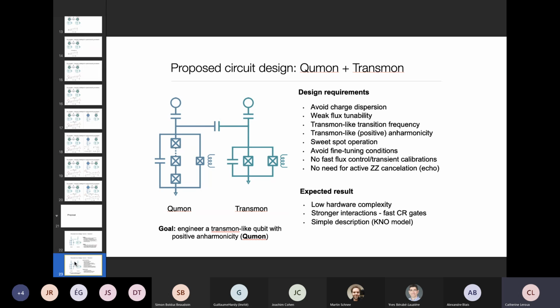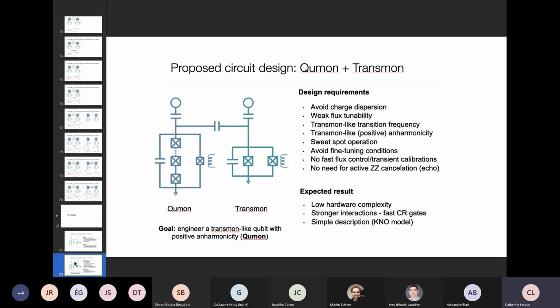All right. And so there are different requirements here. But essentially, the bottom line is that we want it to look like a transmon and to have the same nice properties. So, have a charge dispersion, have weak flux tunability, to also avoid some fine-tuning conditions in our circuits to be able to fabricate this easily.